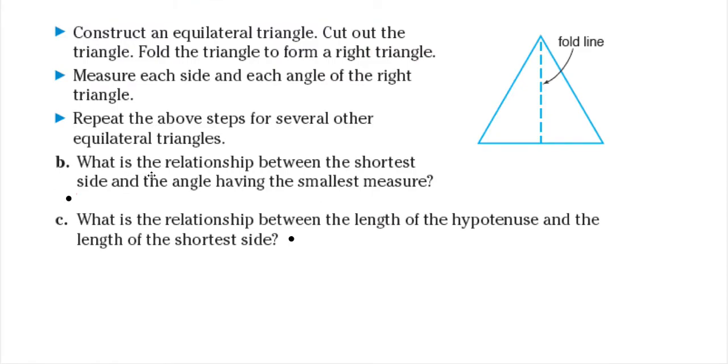The question is, what is the relationship between the shortest side and the angle having the smallest measure? Since 30 degrees has the smallest measure in our right triangle, what is the relationship of the shortest side? This is the shortest side right there.